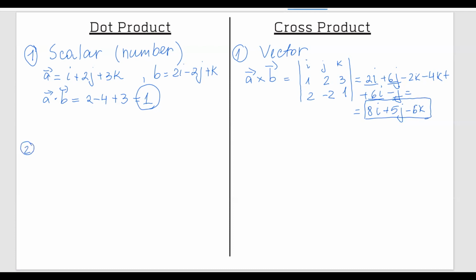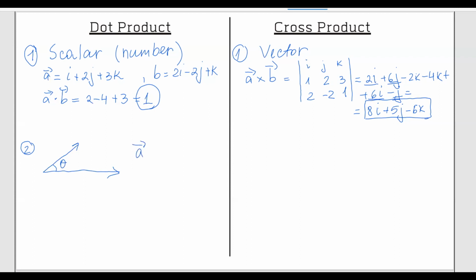Now, number two, the dot product works in any dimension, and the cross product only works in 3D. So the dot product is having two vectors with an angle theta between them, and we can draw this in any dimension.